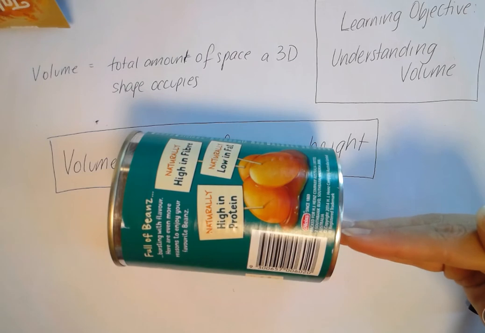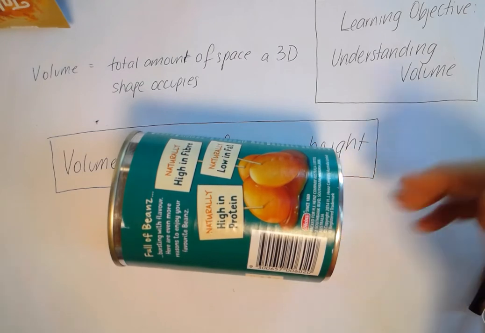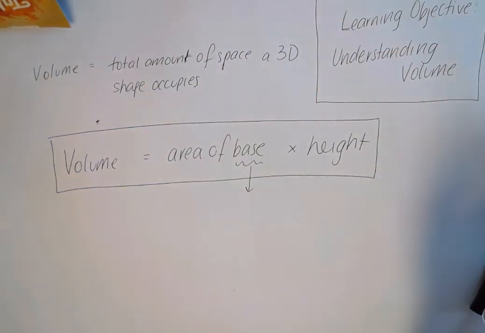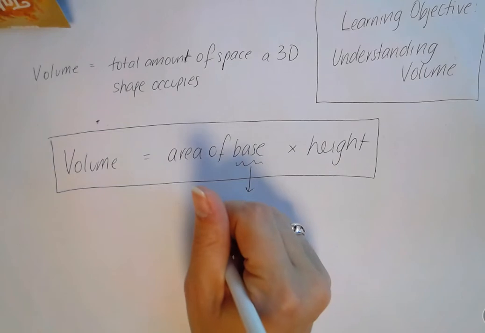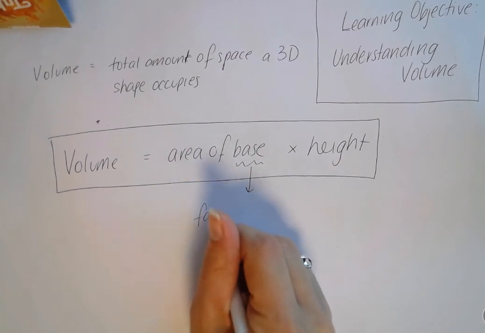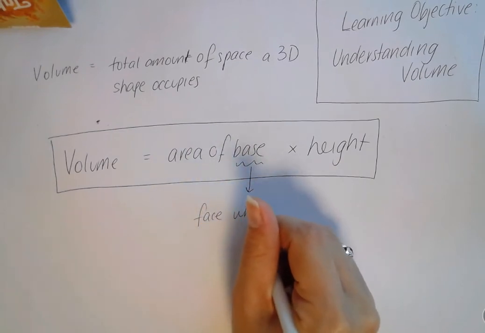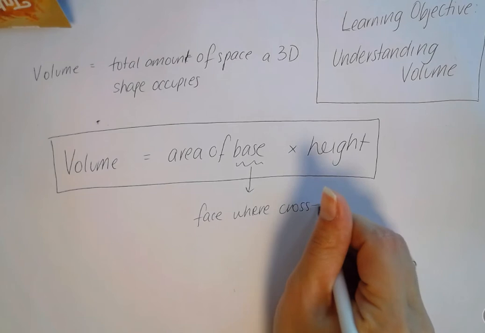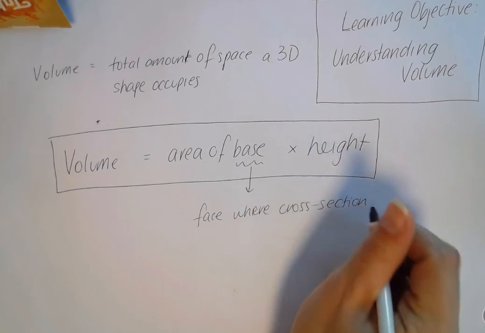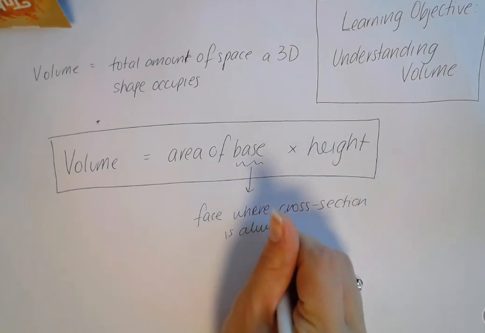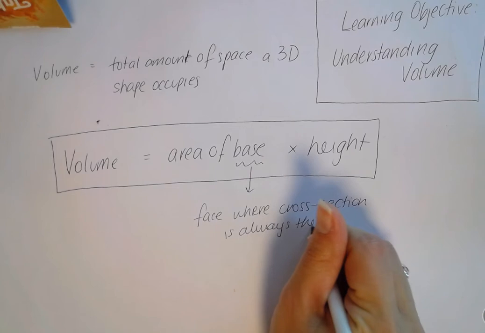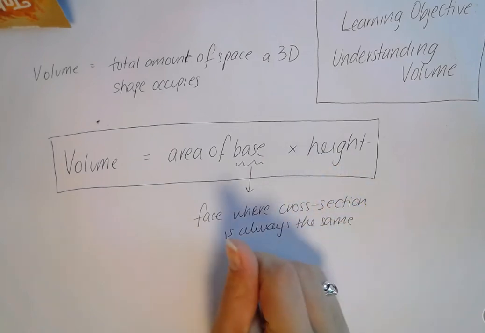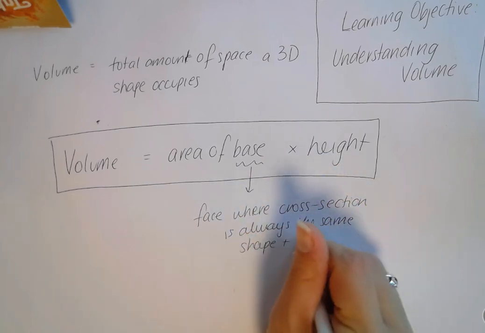Every time I looked at it this way, I would have the same size circle. So we have to think of the base as the face where the cross section, or the bit where we cut, is always the same shape, and size as well was important.